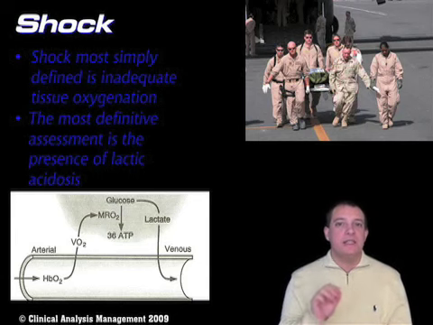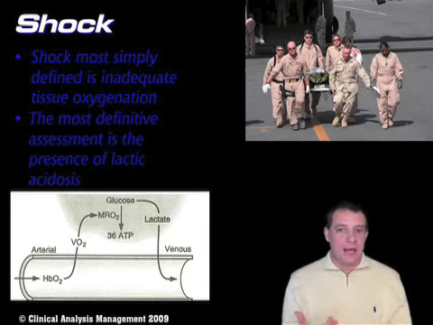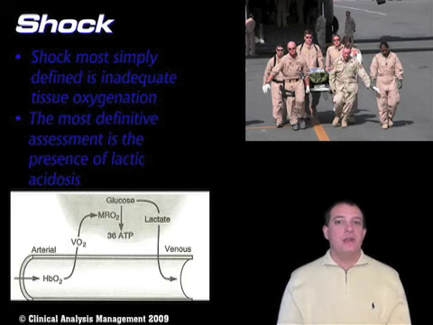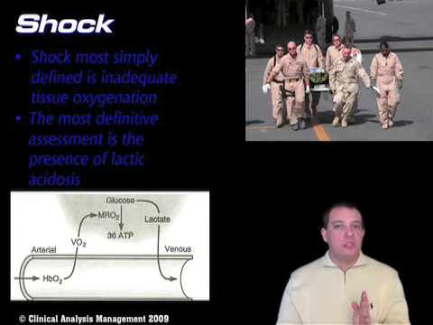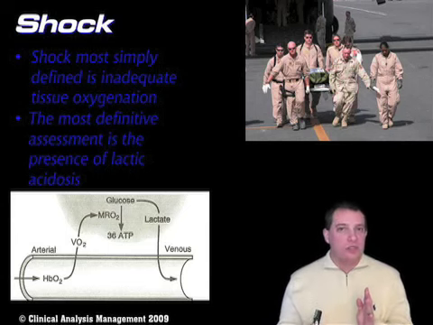So what is the easiest, most sensitive way to tell whether or not somebody's in shock? The lactate. If their serum lactate is up, they are in shock. And the advantage to the lactate is that all the other things that we've historically looked at to tell us whether or not somebody's in shock all focused on oxygen supply. But remember that when we talk about shock, you have two things contributing: oxygen supply and oxygen demand.